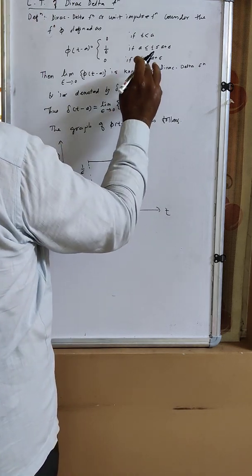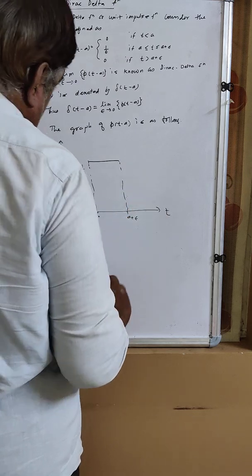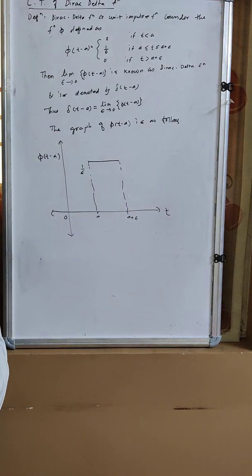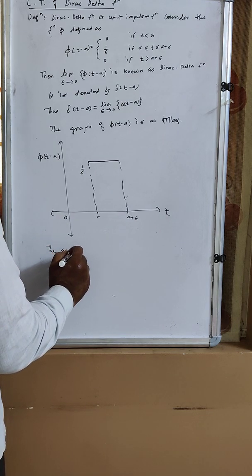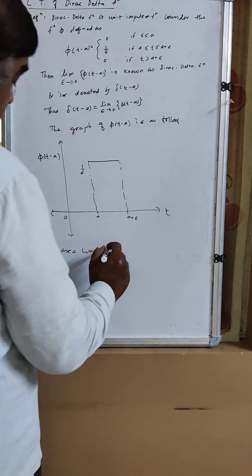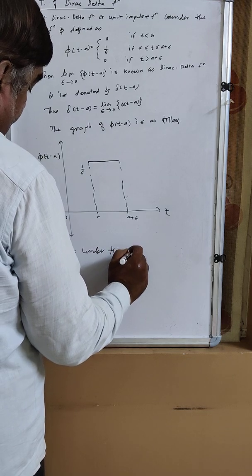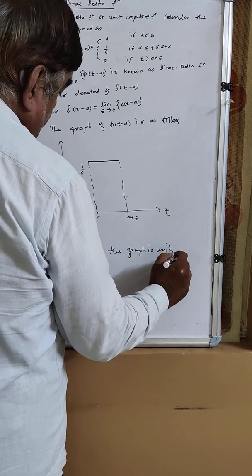Again from a plus epsilon to infinity, it is the 0 function. The area under the graph is unity.